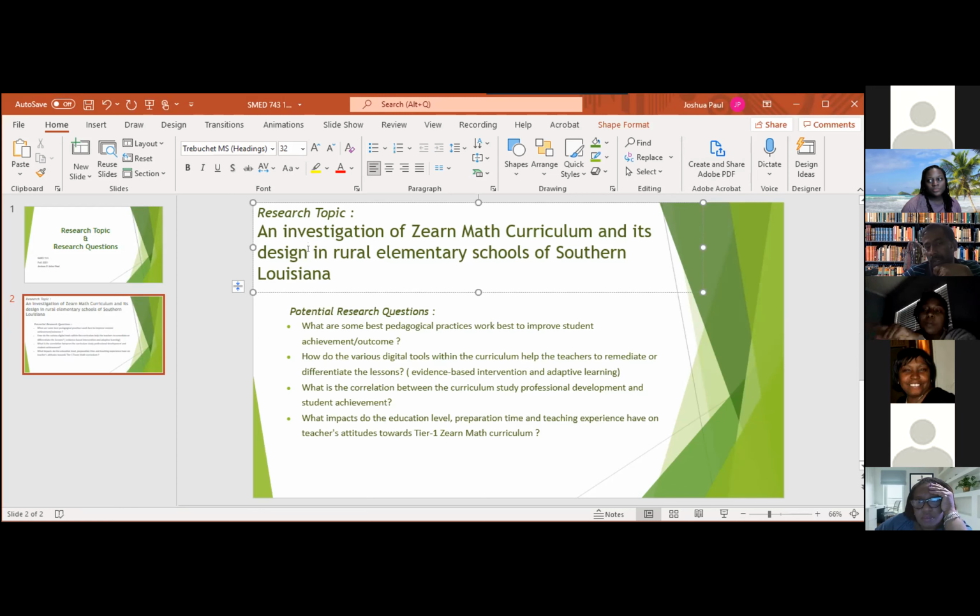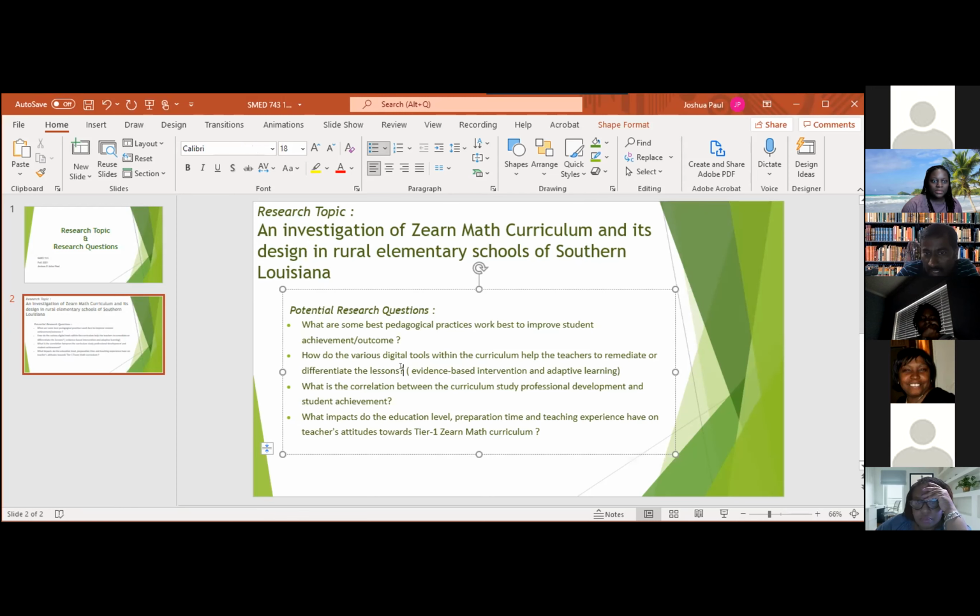Right, and I didn't know which part of that you were speaking of. So is it the teaching model, or is it the way the independent lessons are formatted? But I'll be considering all the tools, all the designs. Would that be instructional design? Yeah, that will come under the second one. How do the various digital tools within the curriculum help the teachers to remediate the lessons?